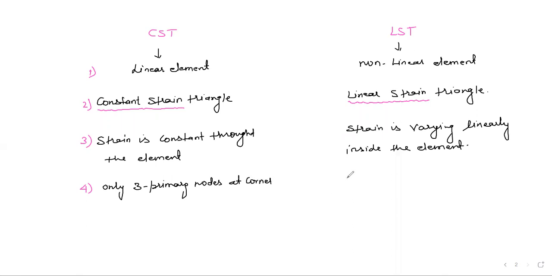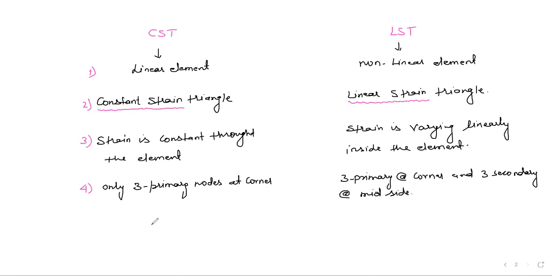But in the LST case, there will be 3 primary nodes as well as 3 secondary nodes: 3 primary at the corners and 3 secondary at mid side.